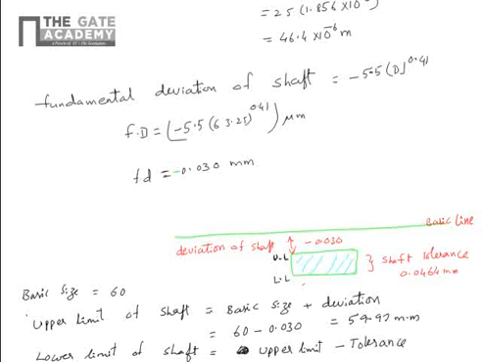So upper limit is 59.97 minus tolerance 0.0464, that is equal to 59.9236 mm. So these are the upper and lower limit of shaft. It's 2 marks. It won't take much time if you know the fundamentals of fit calculation.